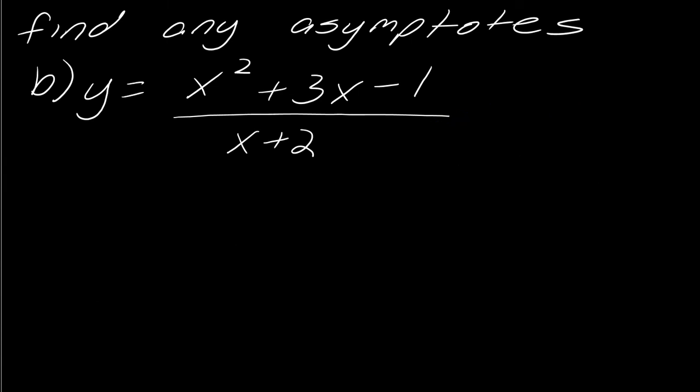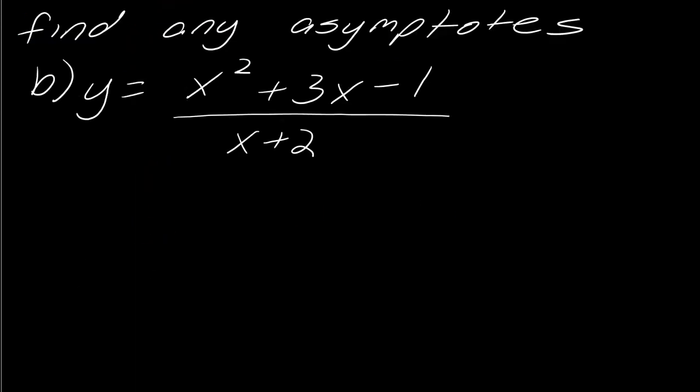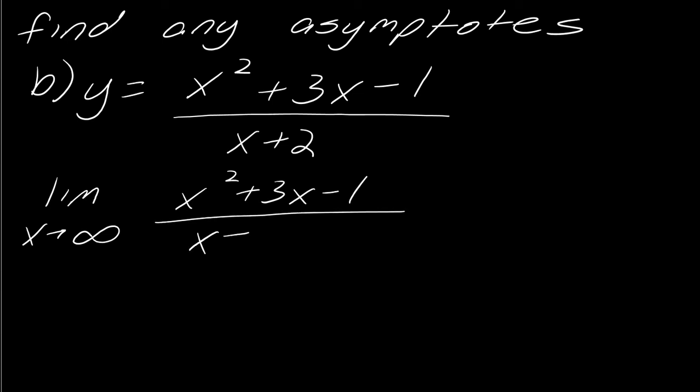And now to find a horizontal asymptote, I need to take the limit as x approaches infinity. So this is the limit as x approaches infinity of x squared plus 3x minus 1 over x plus 2. I can see now with this particular problem that the dominating term is in the numerator.